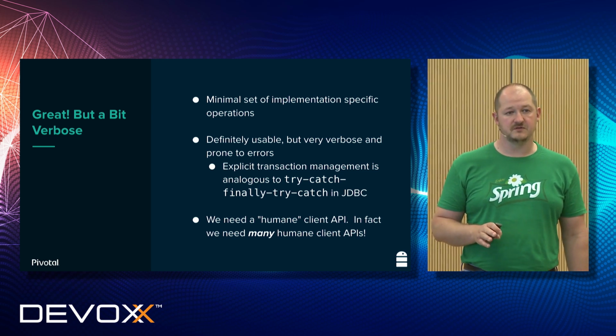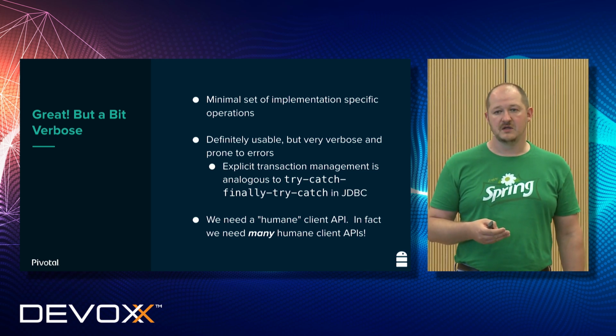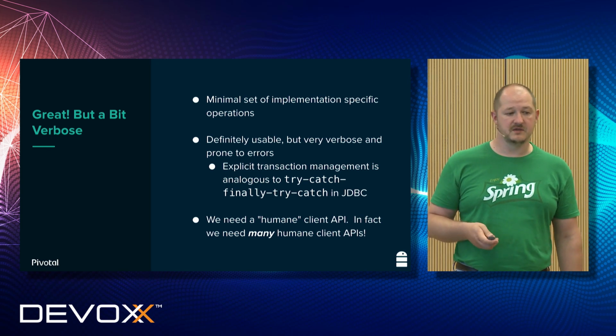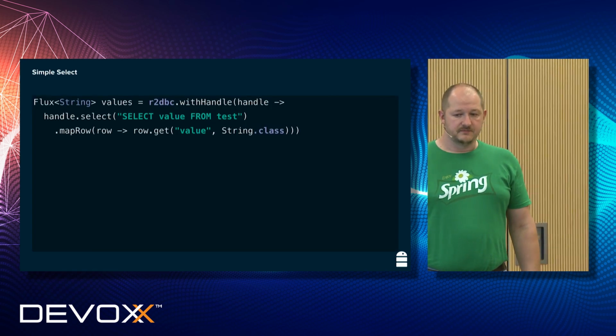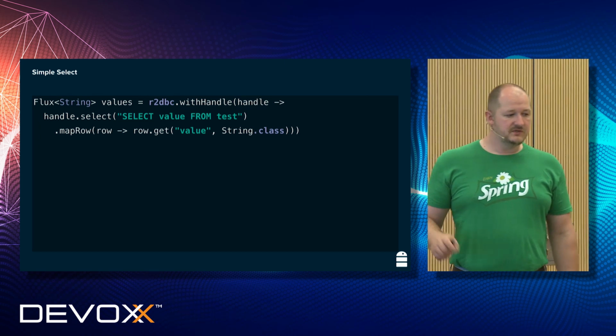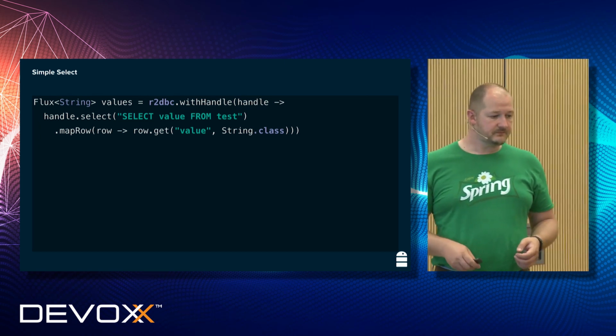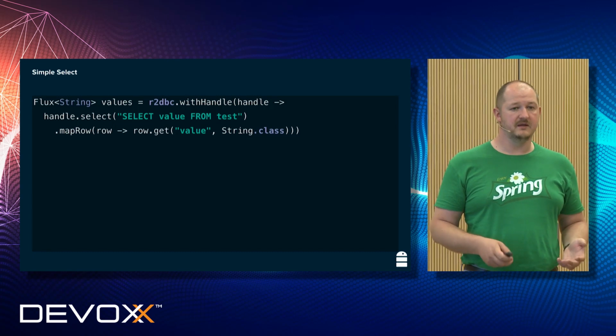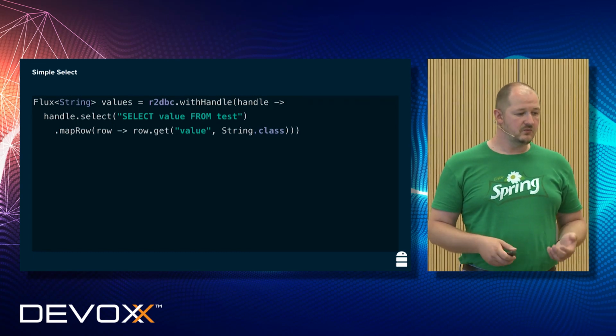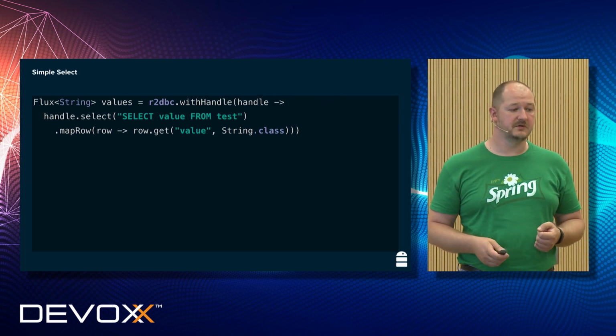It is just something to show how we could imagine expressing functional reactive database access within our application. So let's walk through that code. And you will see this is much more readable, much more comprehensible. We create that RTDBC object by handing in a connection factory. And then we have this RTDBC object that we can then use to run our queries.